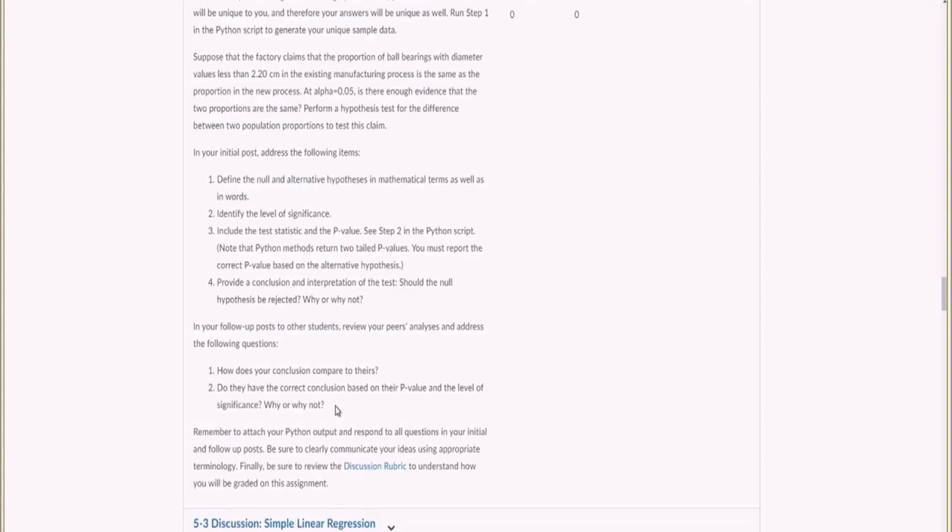Finally, we need to provide a conclusion and an interpretation based on the value that we find. The interpretation for the p-value is dependent upon whether it's less than the alpha value or greater than. If it is greater than, we retain the null hypothesis, otherwise we reject it.